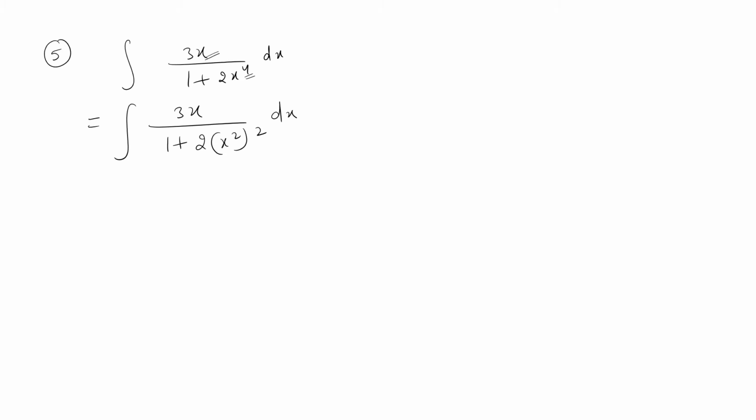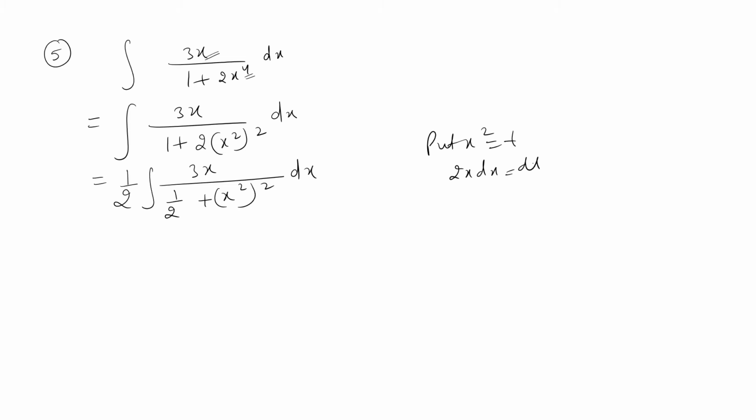Now the very important thing is we should make the variable term free from whatever coefficient is there. So take out 1 by 2 outside and this becomes 3x upon 1 by 2 plus x square whole square. Now clearly if I put x square as t, we get 2x dx equal to dt and x dx is equal to dt by 2.